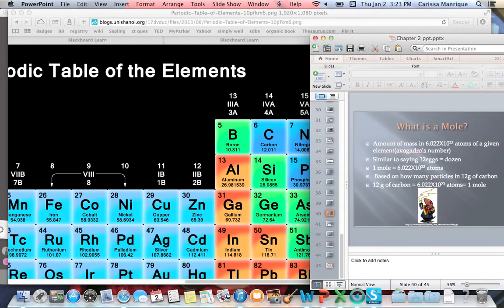So literally, we get carbon, and we weigh out exactly 12 grams of it on a scale. And then from there, we figure out how many atoms are in that. And when you calculate that, it is 6.022 times 10 to the 23rd. And again, we don't want to keep saying that number, so we say that's 1 mole. So when we're looking at the molecular weight or the molecular mass of something, we're looking at the weight per mole.